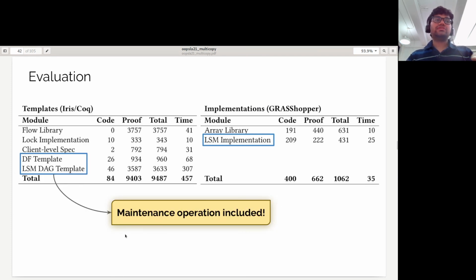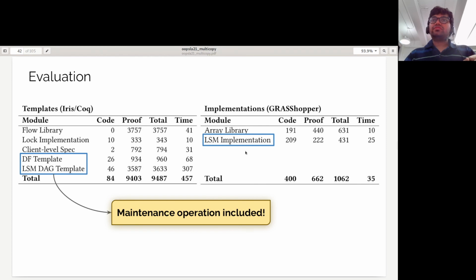Using this methodology, we have verified two templates: the LSM DAG template, which is for variants of LSM trees with an arbitrary DAG as an outer structure, and a differential file template, which are precursors to LSM trees. As part of this template, we have also verified the maintenance operation, which transfers data to the downstream nodes.